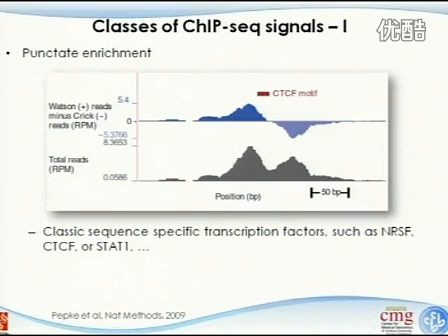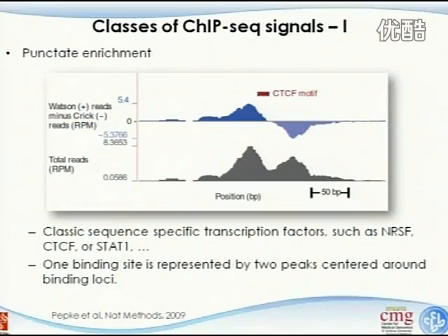Once you study a transcription factor, and that transcription factor has a clear sequence specificity, this will be the pattern you always see. All right, we'll go through why it's like that. And one binding site is represented by two peaks centered around the binding locus. Okay, this is the profile of one binding site.